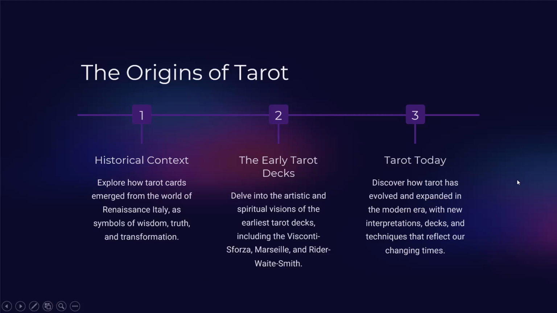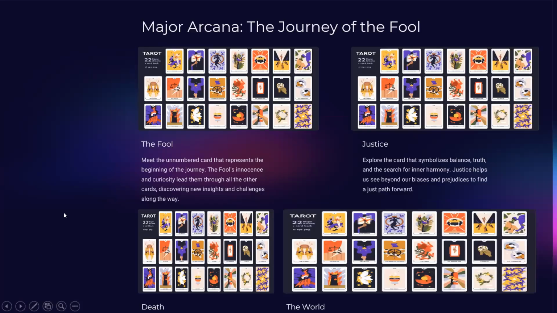This is how you look at tarot in today's world, or how I relate to tarot in today's context. Tarot is divided into two parts here. I will not say two parts in terms of the journey, but it is two sets of tarot cards.